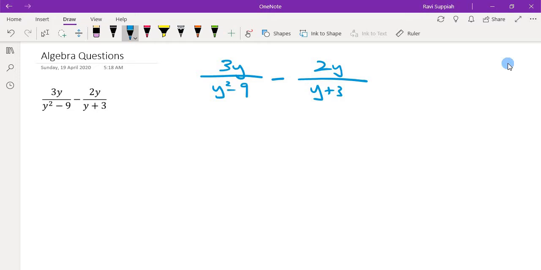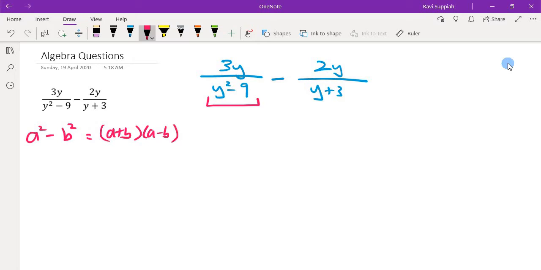All right, so for this we need to remember our factorization rules a bit to make our life easier, because this denominator here, y squared minus 9, actually looks very similar to a particular pattern. If you remember your factorization, we say that a squared minus b squared is equal to a plus b and a minus b.